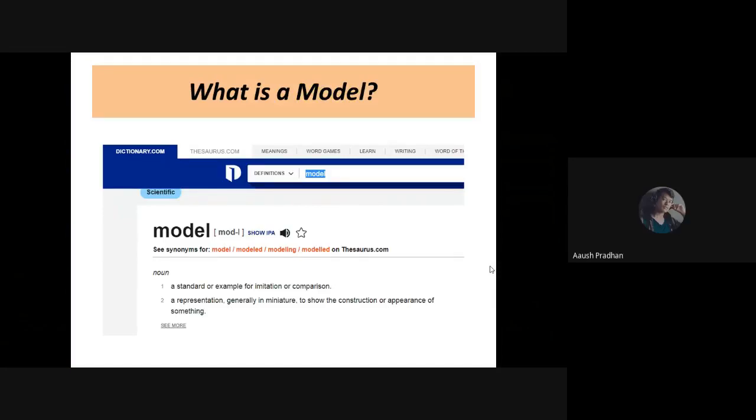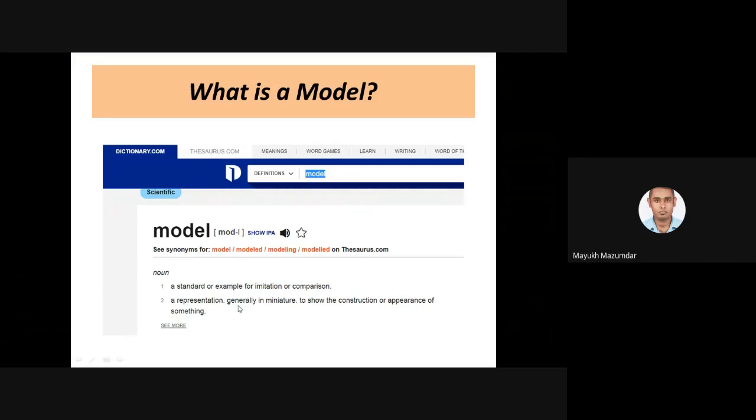Fine. So I went through some standard definitions of model, and this is what I arrived at. I went to dictionary.com. There are many uses of the word: you can use it as an adjective, like a model school or a model institution, or as a verb, like I model this thing. As a noun, it is what you said.